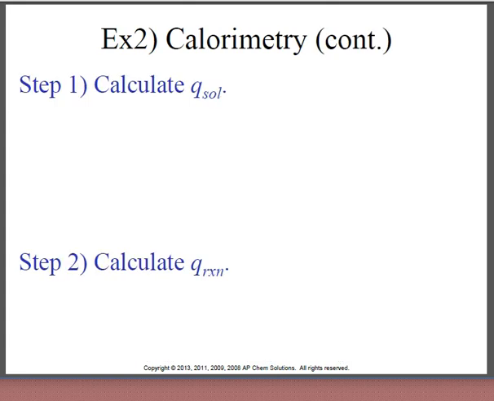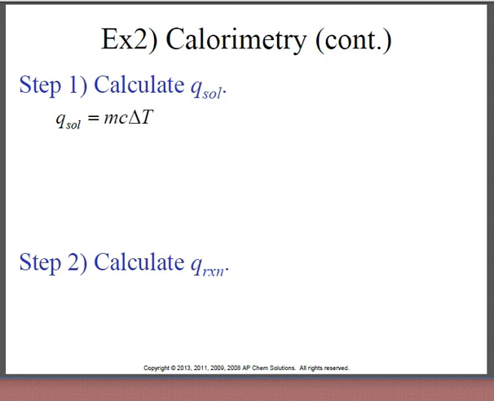All right, now let's move on to calculating delta H. Now, as I said before, to calculate delta H, we've got to find Q first. And we'll start by finding the Q, or the heat, for the solution, because that's what we have the C value for. So Q equals MC delta T. Now for the mass of the solution, we have those two 20 milliliters that were added together.